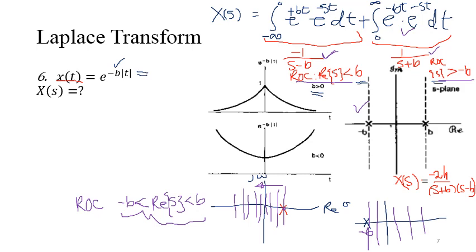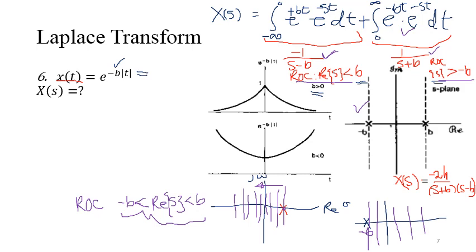Now the properties we were talking about. This part of the signal is a right-sided signal. You understand this exists from 0 up to infinity, so we call it a right-sided signal.